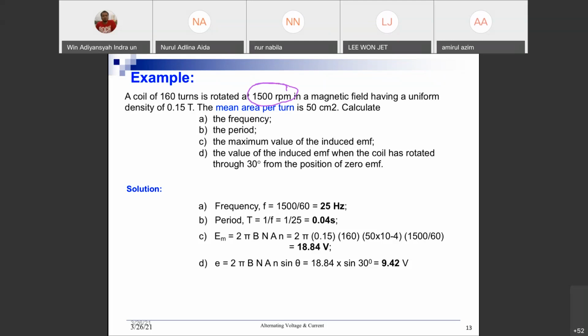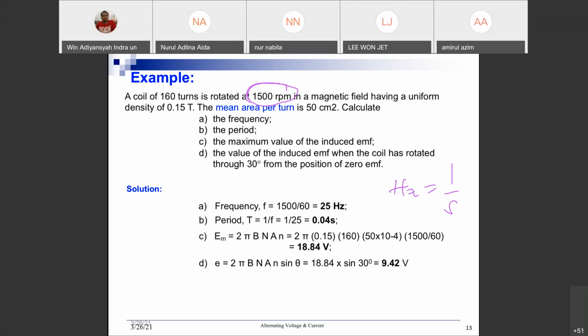Okay, frequency, the given parameter is this one. But look at the unit, RPM. The unit of frequency is Hertz. Hertz is 1 per second, right? So you need to convert 1,500 RPM to RPS, rounds per second.